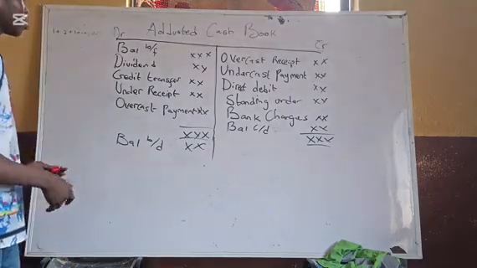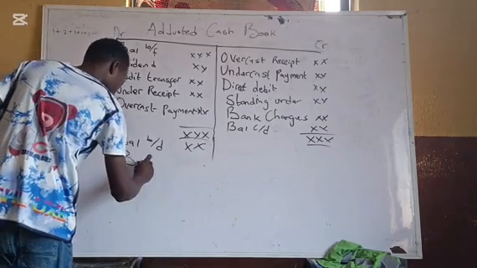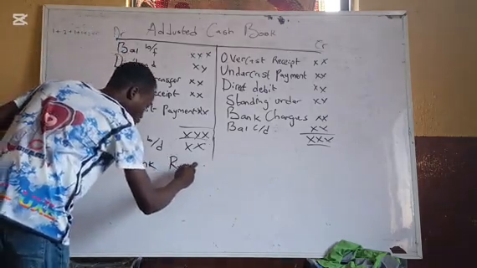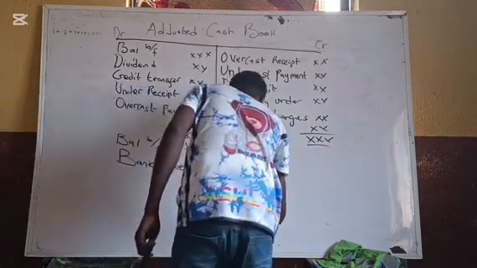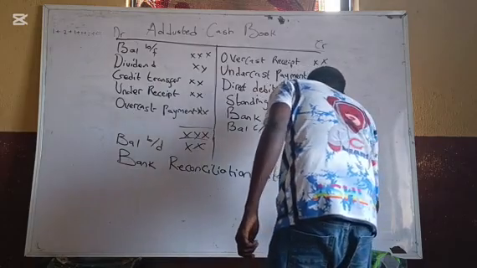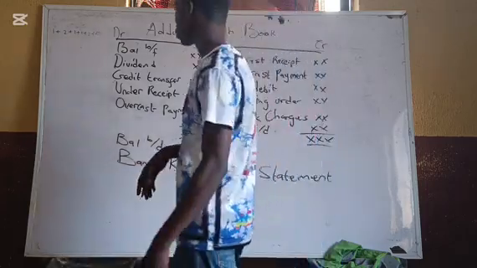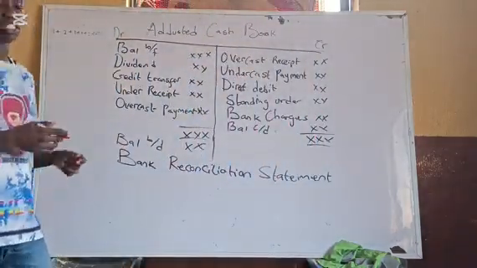Now, then you create your bank reconciliation statement. So in your bank reconciliation statement, you are now going to start with balance as per adjusted cash book.